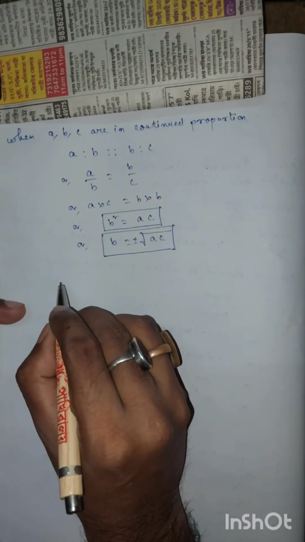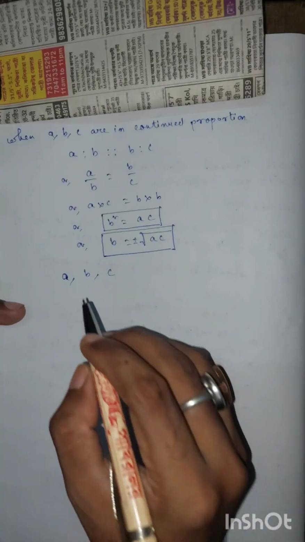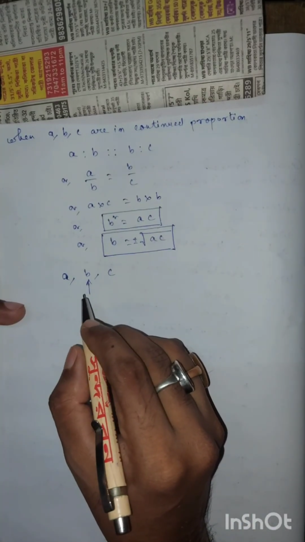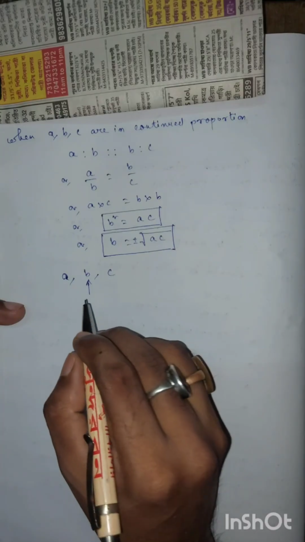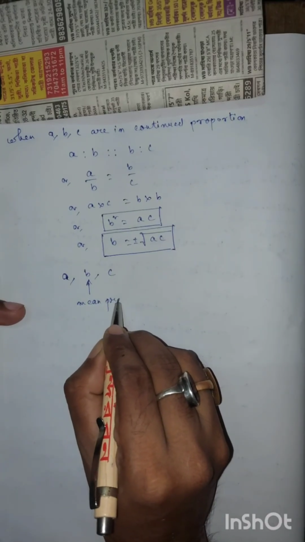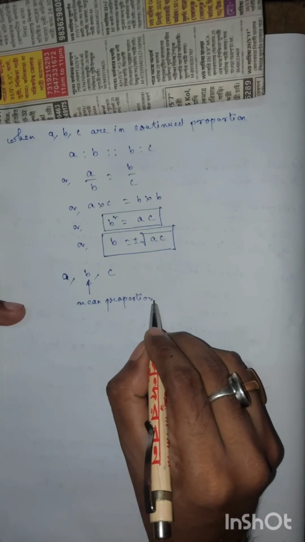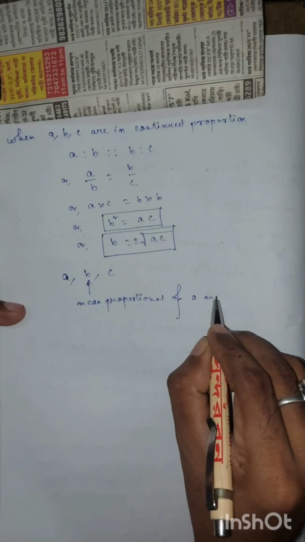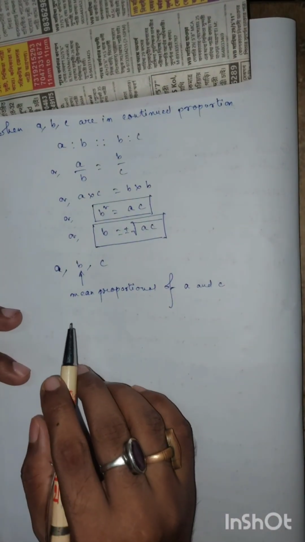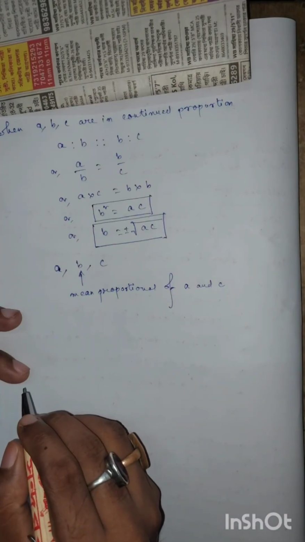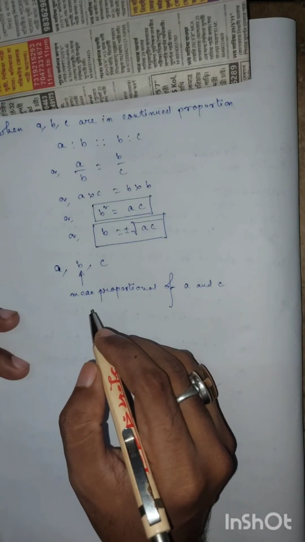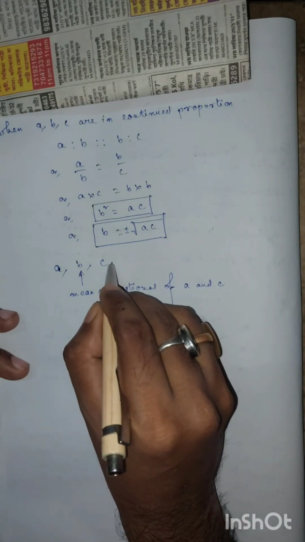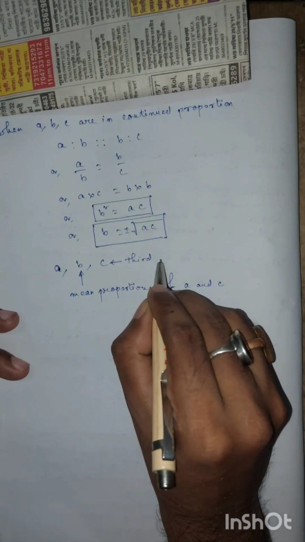Okay, and among A, B, C, B is called the mean proportional of A and C. B is called the mean proportional of A and C. And C is the third proportional.